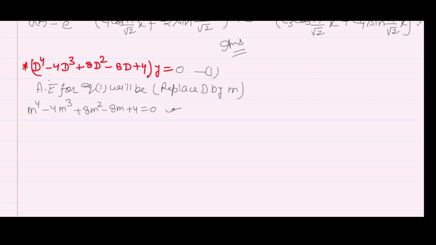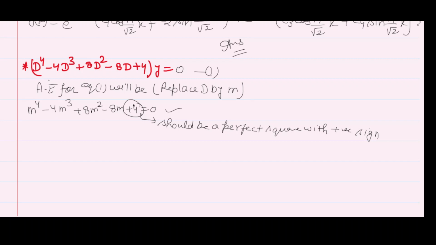Now how can we solve this auxiliary equation? You need to note two things. First, the constant term should be a perfect square with a positive sign.